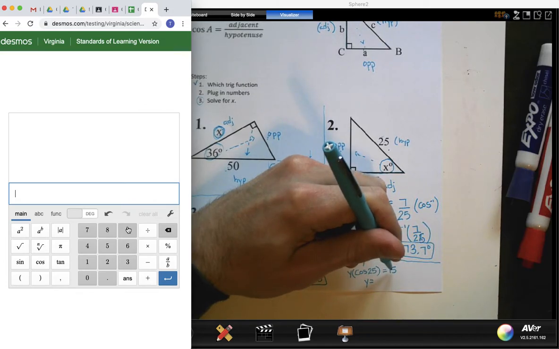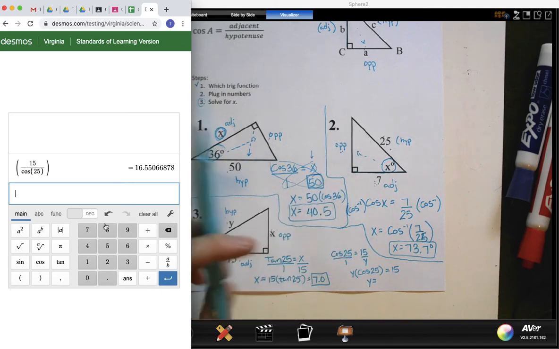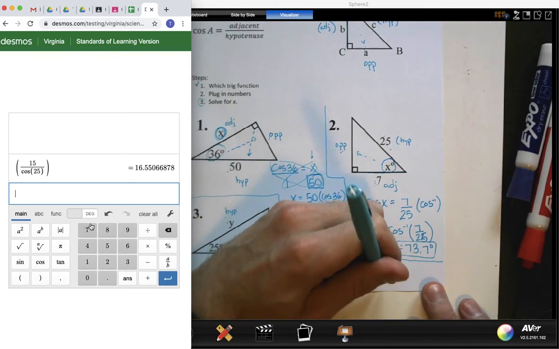So we want to do 15 divided by cosine 25. So let's do parentheses 15 divided by, and now we're going to do cosine of 25, and let's close our parentheses. And that's going to be equal to 16 point, let's round up to 16.6.